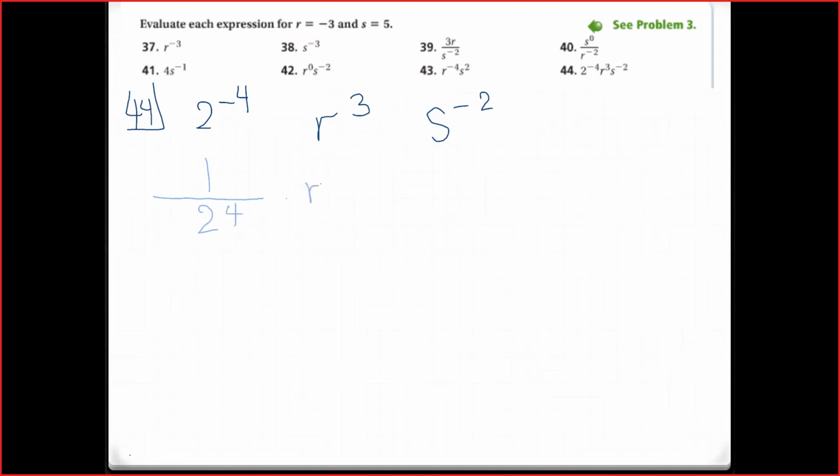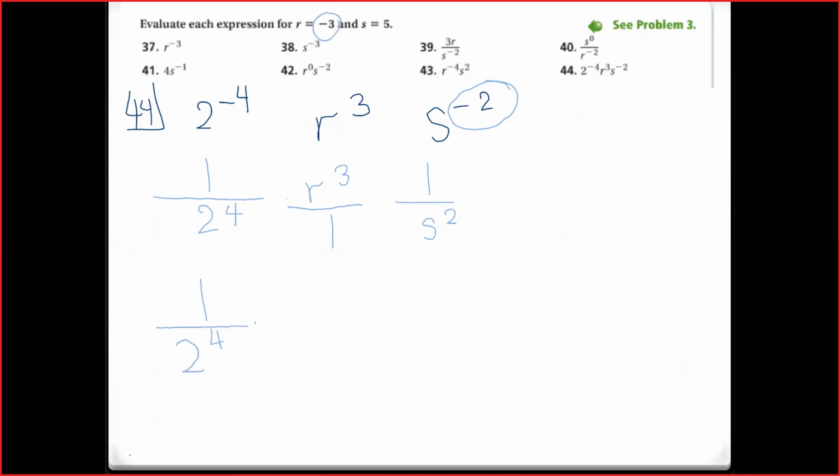Now, r cubed, keep it as r cubed. Now, s to the power negative 2, what is the reciprocal of s? 1 over s. And what is the opposite of negative 2? Positive 2. Then, I would write it as 1 over 2 to the power 4 multiplied by r cubed.